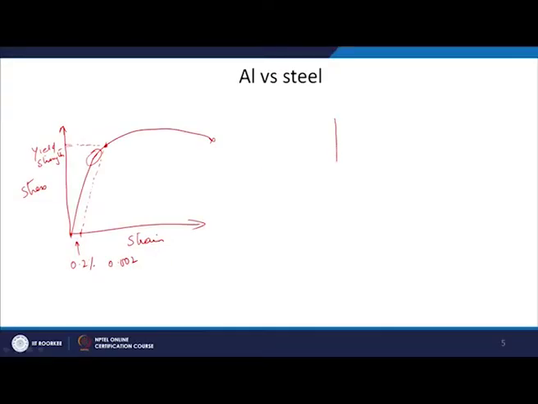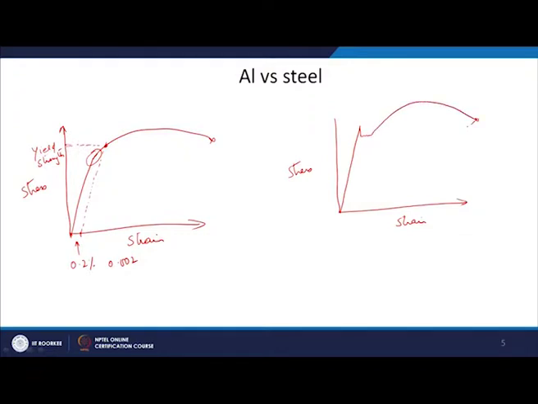In steel or mild steel or plain carbon steel, this is even simpler. The stress strain curve for that is usually like this. You have an elastic part, and at some point the yielding starts and the stress strain curve drops, and then there are some serrations, and then it starts becoming like this, and then it fractures.